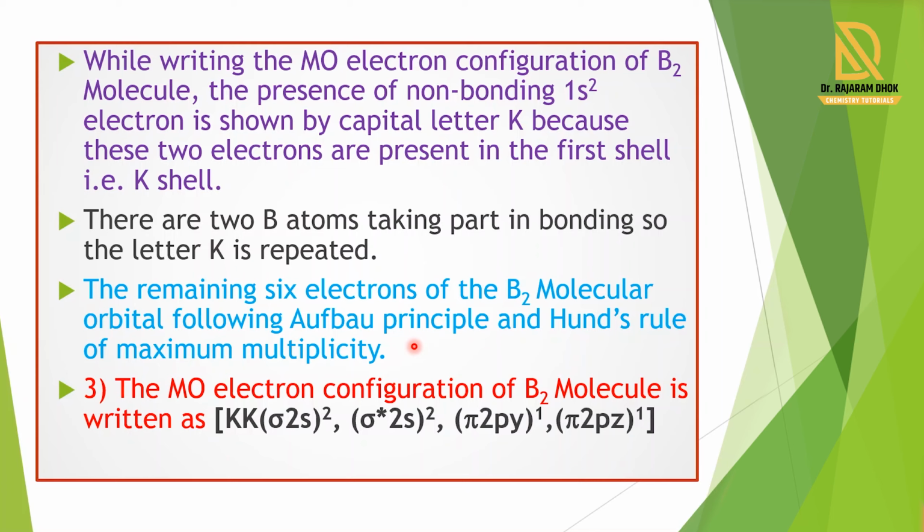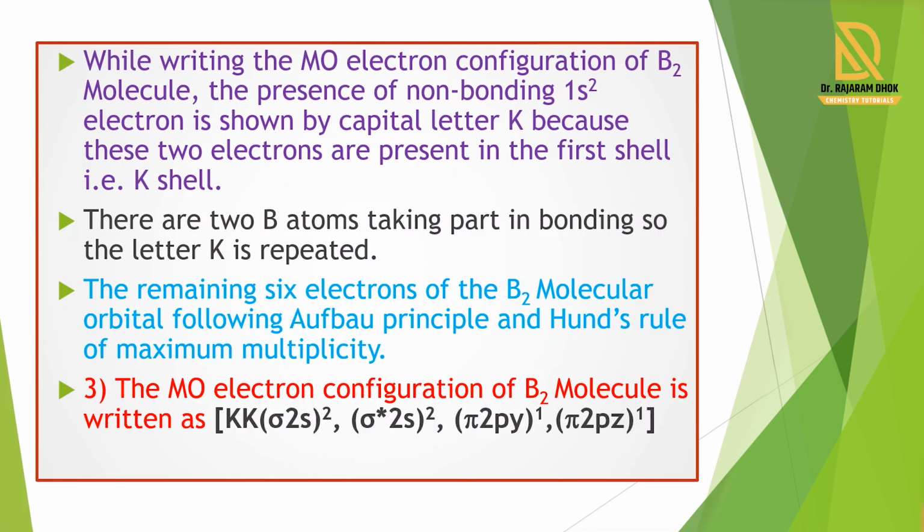So we write the electronic configuration as K, K, sigma 2s2, sigma star 2s2, pi 2py1 and pi 2pz1. This is the molecular orbital electronic configuration of the B2 molecule. You see here this pi 2py and pi 2pz contain a single electron, meaning unpaired electrons, and these unpaired electrons are very important for the magnetic property.